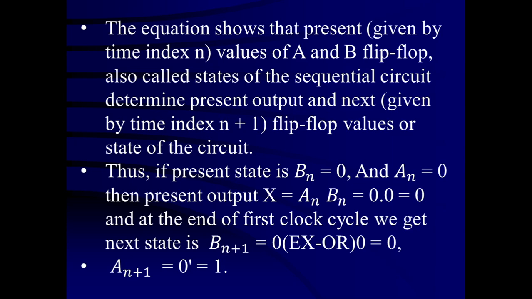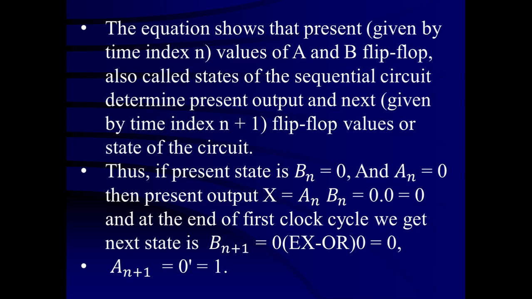The next output, given by the time index n plus 1, that is An plus 1 and Bn plus 1, is the next output of the flip-flops after the clock edge occurs. Flip-flop values are the state of the circuit.